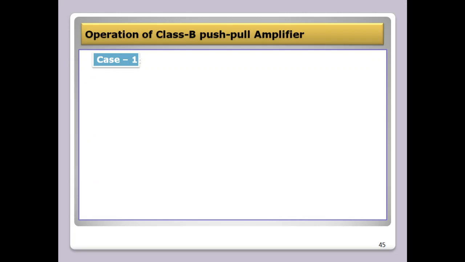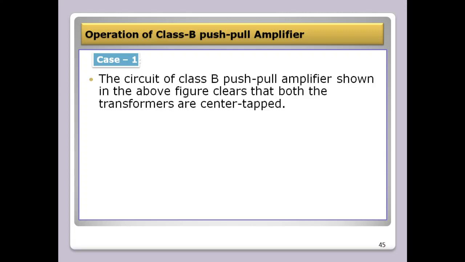So here let us go to the operation of the class B push-pull amplifier. Let us assume case 1. In the circuit of the class B push-pull amplifier shown in the figure, both the transformers are center tapped: transformer 1 has its output center tapped, and transformer 2 has its input primary center tapped.